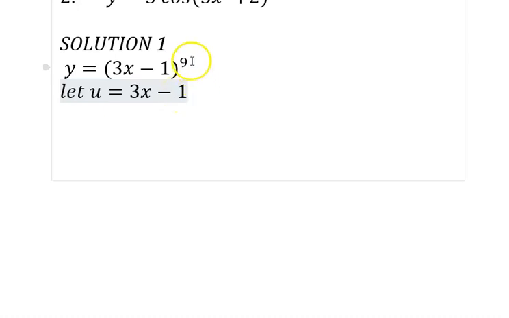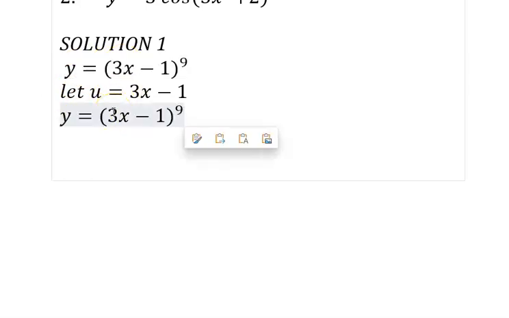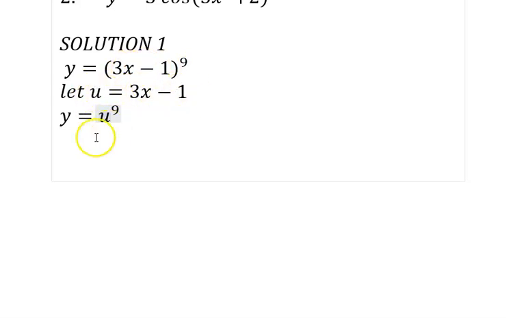By implication, that means our y, since we say we are representing that to be our u, all that we have here is now u. If we say let all this be u, that means our 3x minus 1 is u.